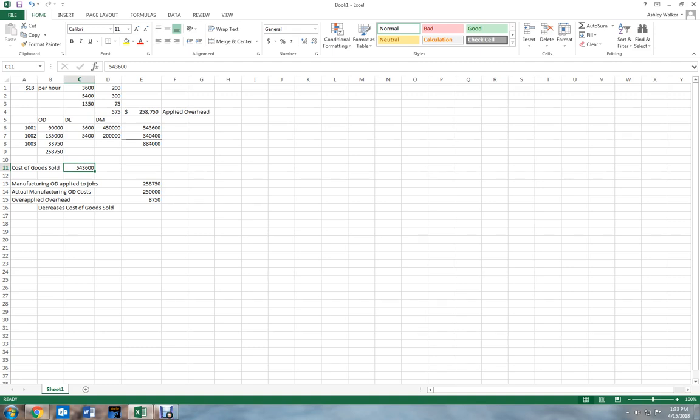We subtract over applied overhead because that's going to decrease it. So we subtract that $8,750 in over applied, and that tells us what our overhead adjusted cost of goods sold account should be: $534,850.